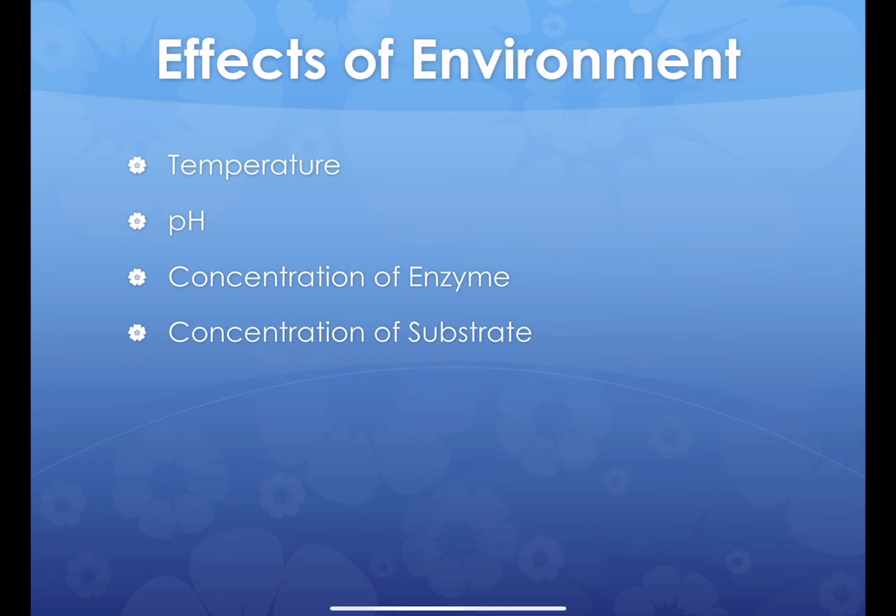And that if proteins are not in their ideal environment, then they unravel or lose their shape, and that's called denaturing. And so the ideal environment for enzymes and proteins is they have to have an ideal temperature. They have to have an ideal pH. That's going to affect how they function.